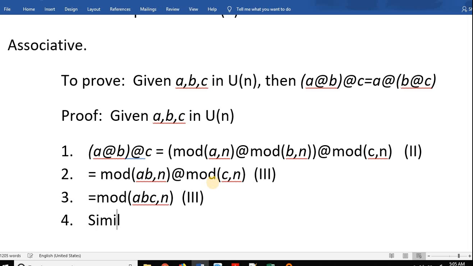And therefore we can similarly find that the other way, instead of putting the parentheses this way, we can put the parentheses the other way.